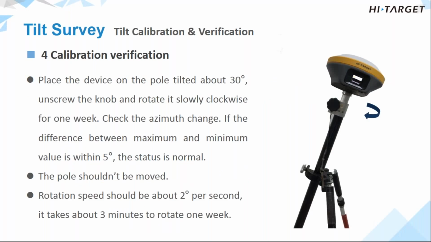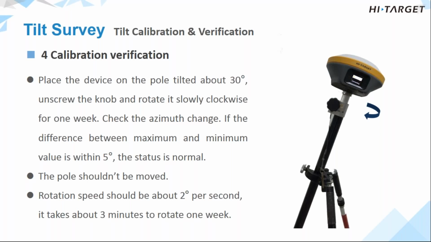So after the calibration, it's suggested to do a verification. This verification is to make sure that the calibration is all finished. You need to place the device on the pole held at about 30 degrees, unscrew the knob and rotate it slowly clockwise for one full turn.